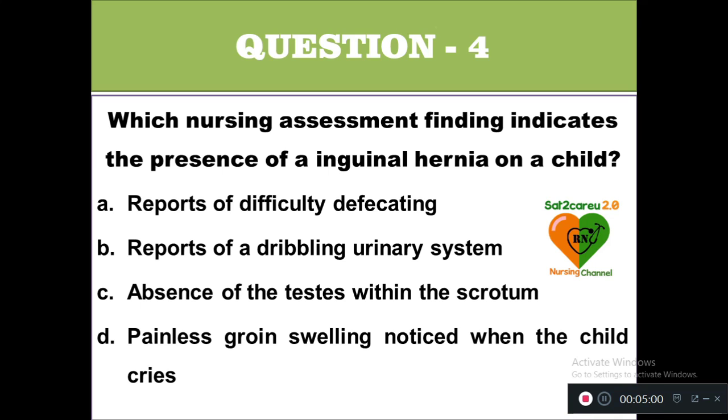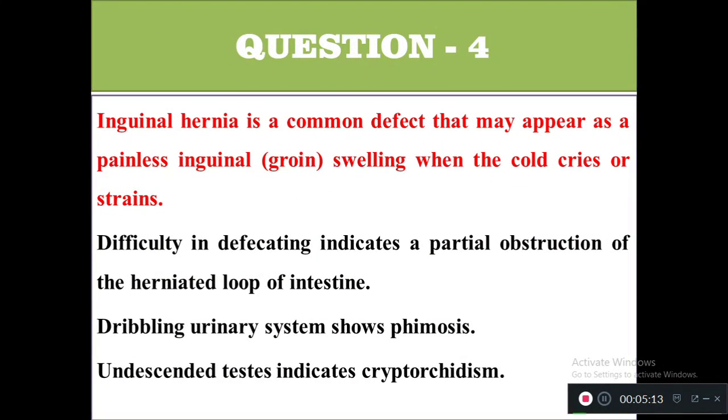The symptom which indicates the presence of inguinal hernia in a child is painless groin swelling noticed when the child cries. The rationale: inguinal hernia is a common defect that may appear as a painless inguinal groin swelling when the child cries or strains.